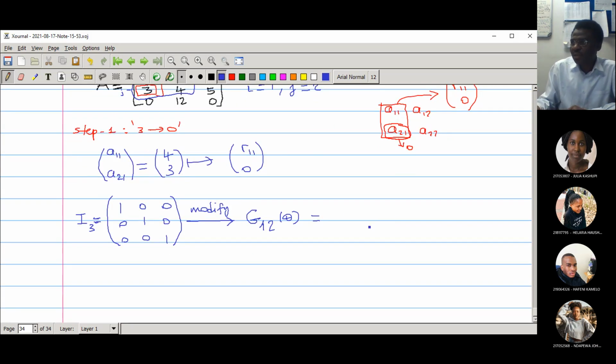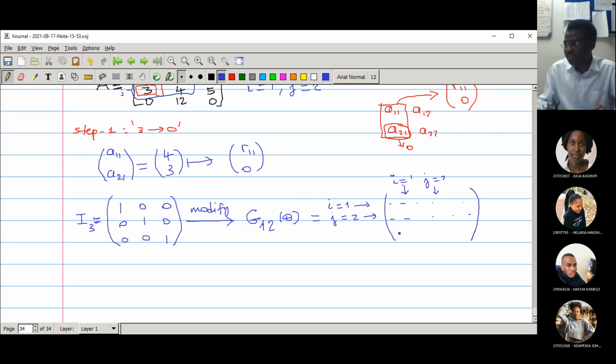So meaning that we will look at I equal to 1 in terms of row, J equal to 2 in terms of row, and we do the same thing in terms of column: I equal to 1 in terms of column, J equal to 2 in terms of column, and the remaining one, because we are in R3, a 3 by 3 matrix.